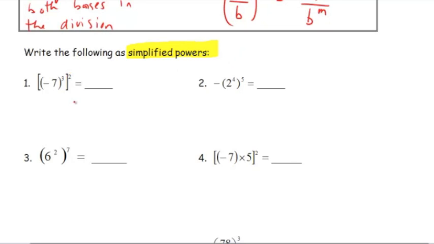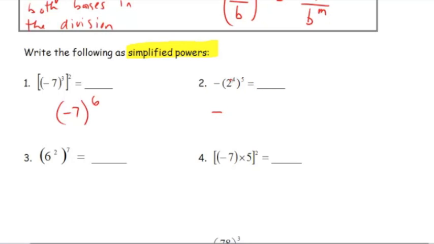So number 1, if we have negative 7 raised to the power of 3, and then also all raised to the power of 2, that base is going to stay the same and we are going to multiply those two exponents. In this next example, I'm going to forget about that negative sign and remember that it has to be added in at the end.